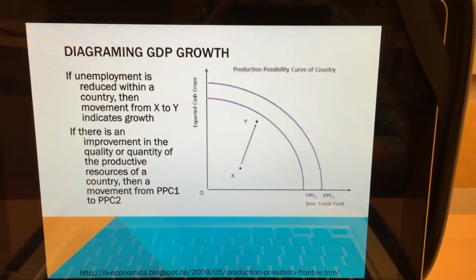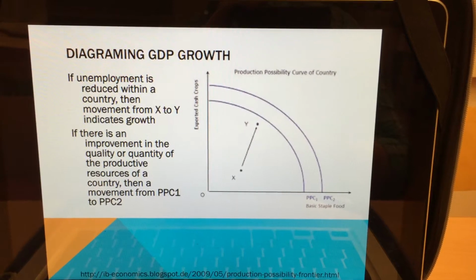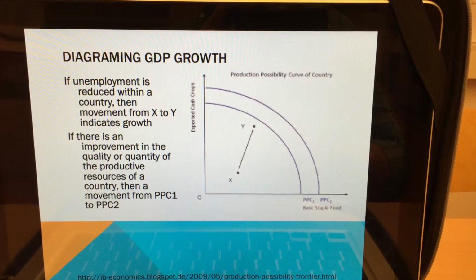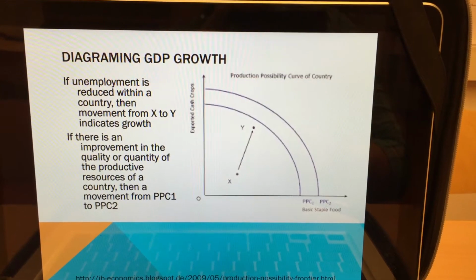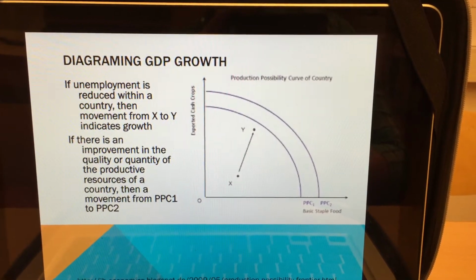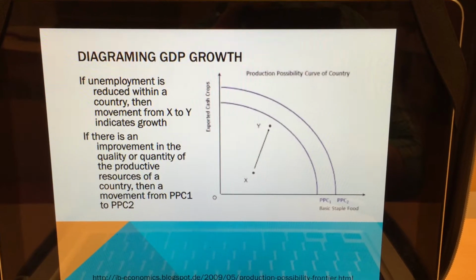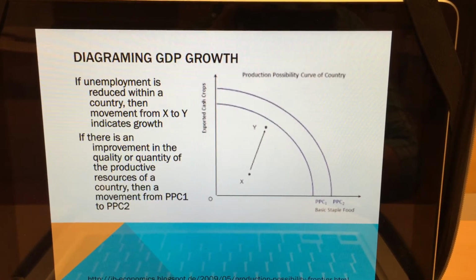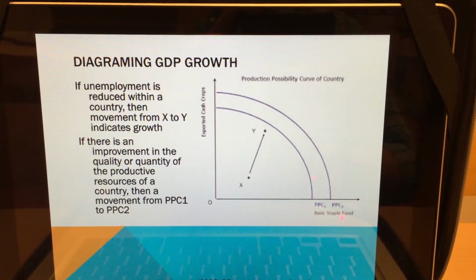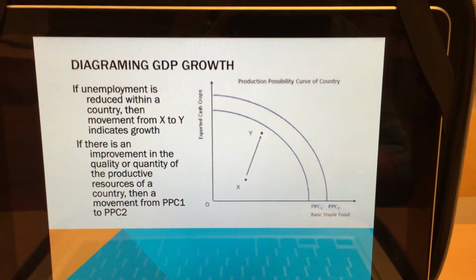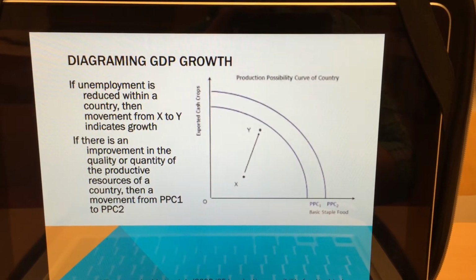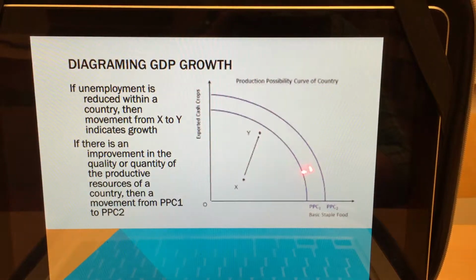Another method to show it is to expand the whole PPC curve. For example, if we had an increase in population, and population got larger in our country, maybe from increased immigration or increased birth rates, that would lead to an expanded production possibilities curve, because with more workers we can make more goods and services, and so this could lead to economic growth.